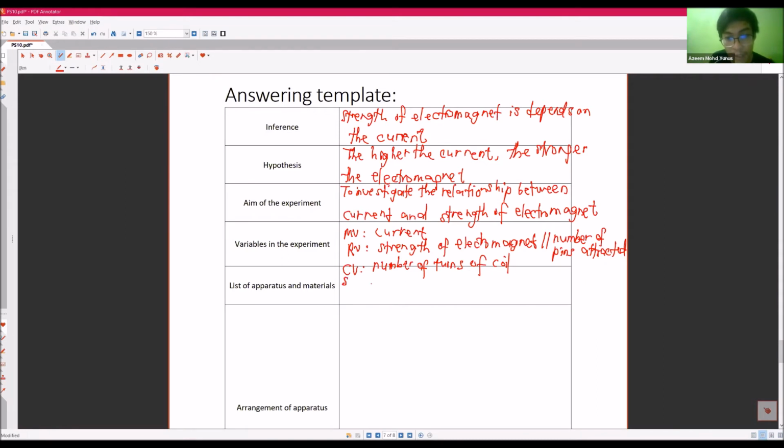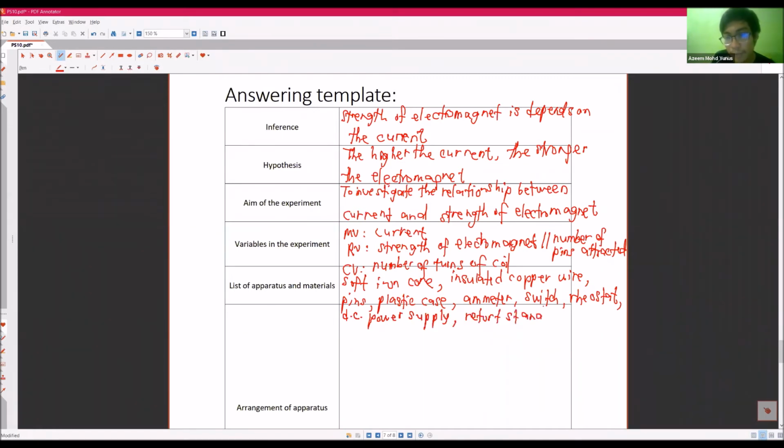Then insulated copper wire, pins, plastic case or box to hold and store the pins, ammeter, switch, rheostat, DC power supply, retort set. Okay, that's enough.